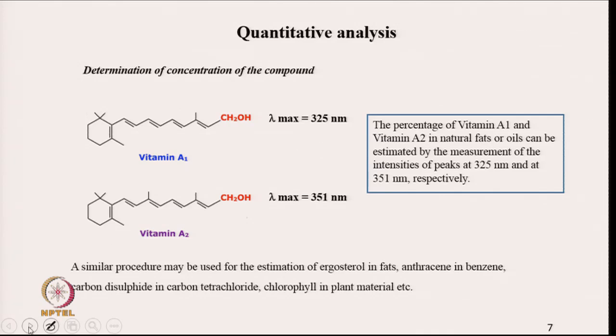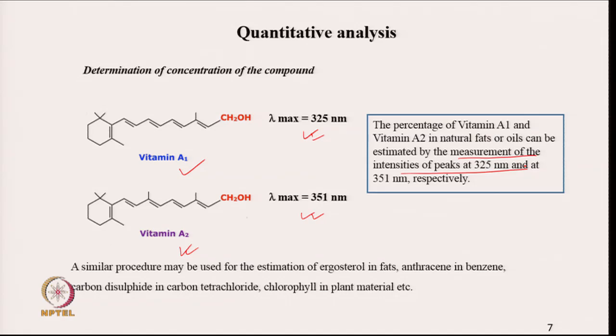For example, vitamin A1 absorbs at lambda max equal to 325 nanometer, whereas vitamin A2 absorbs at lambda max equal to 351 nanometer. So, the presence of vitamin A1 and vitamin A2 in natural fats of fish can be estimated by measurement of intensity of peaks at 325 nanometer and 351 nanometer respectively.